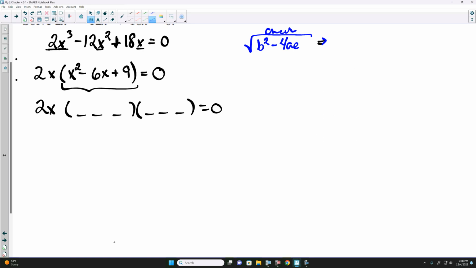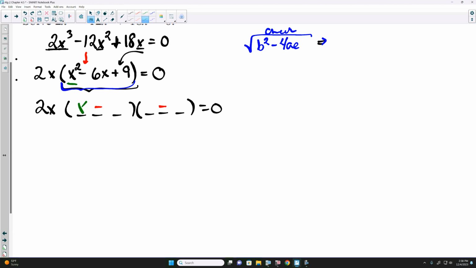Because this is a whole number, a number that is not a decimal or an imaginary number, all it's telling us is that this here is factorable. We can factor it. And when we factor it, we look at the third term. If the third term is positive, the signs are the same and match the sign of the middle term, which is negative. So we would have negative and negative.